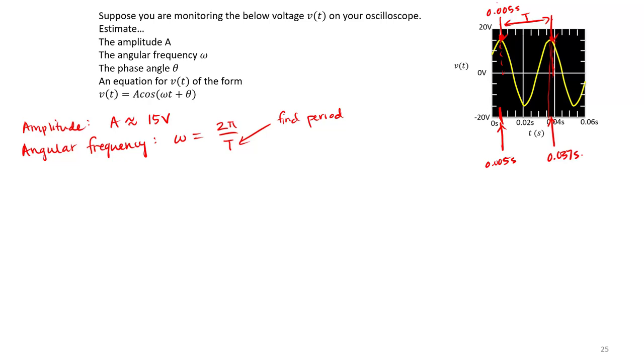Remember here, we're just estimating, so you eyeball the time as well as you can. In this case, we determine our period T will be the time it takes to complete that full cycle. So that will be 0.037 seconds minus 0.005 seconds, which gives us 0.032 seconds. Make sure your units here are seconds.